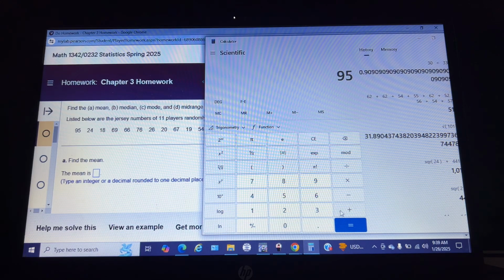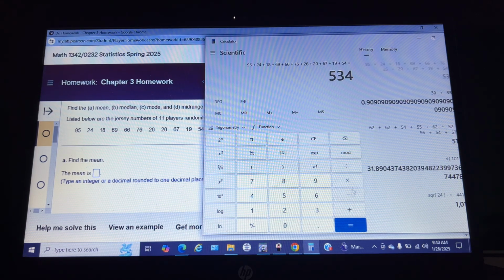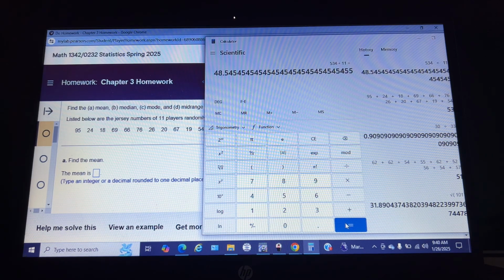So add up all 11 numbers: 95 plus 24 plus 18 plus 69 plus 66 plus 76 plus 26 plus 20 plus 67 plus 19 plus 54 equals, and then divide by 11. You can do this with any calculator at all. We won't really start using the fancy calculator till Chapter 4.